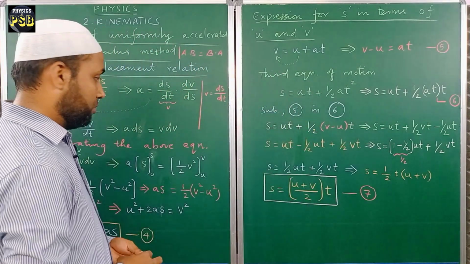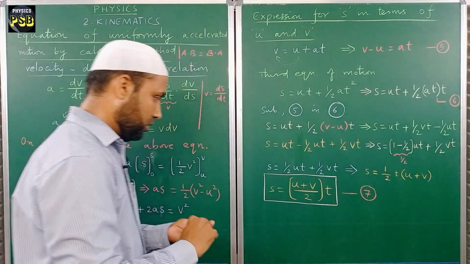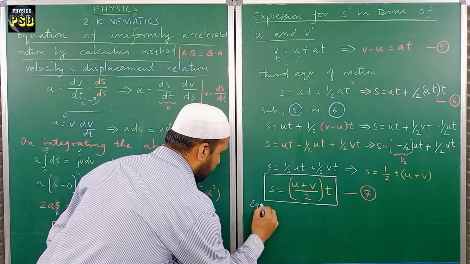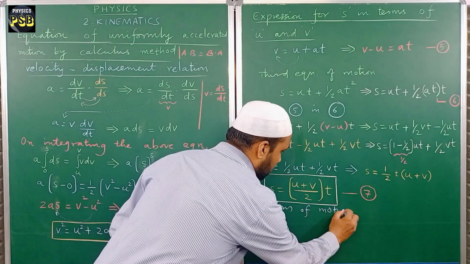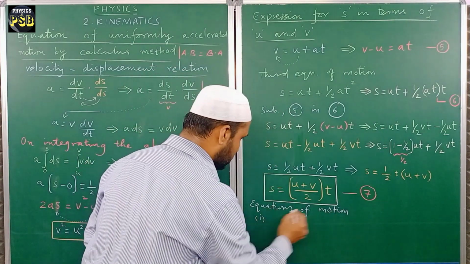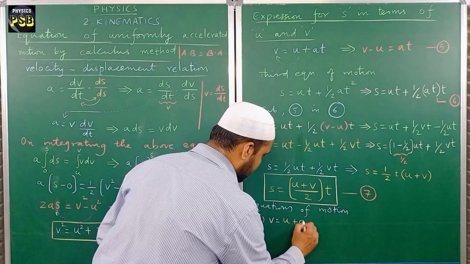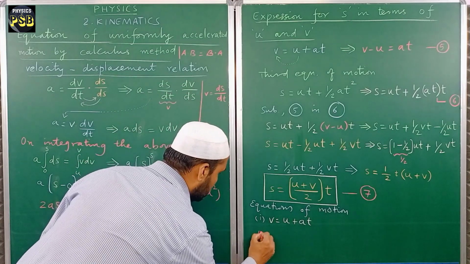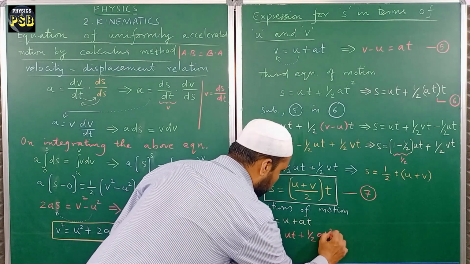Now I will write all the equations of motion here one by one. Let's see whatever we have derived till now. These are called equations of motion or kinematic equations. The first equation of motion is v is equal to u plus at. Next, the second equation of motion is s equal to ut plus half at square.